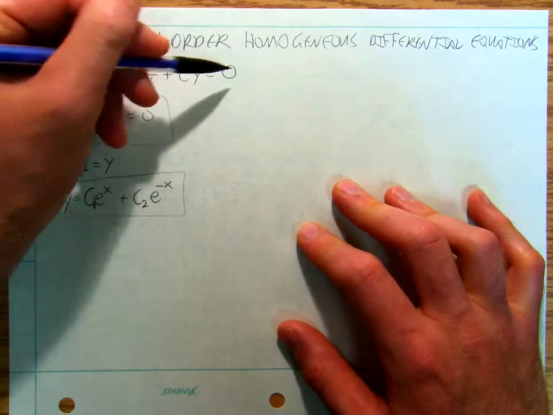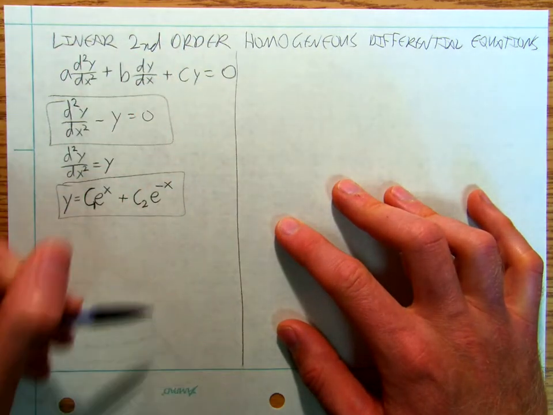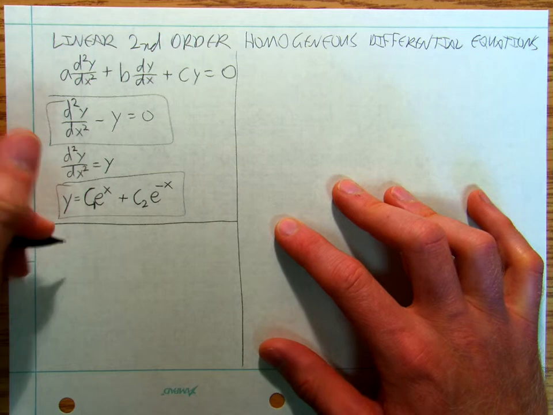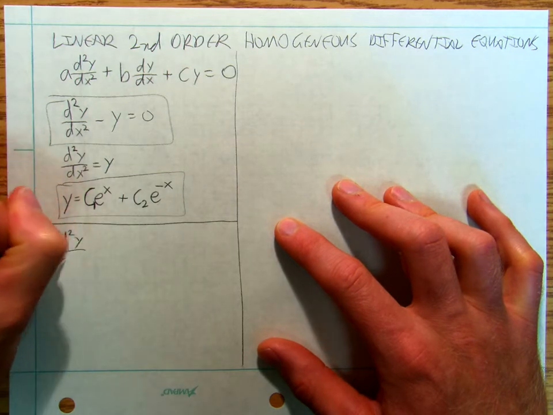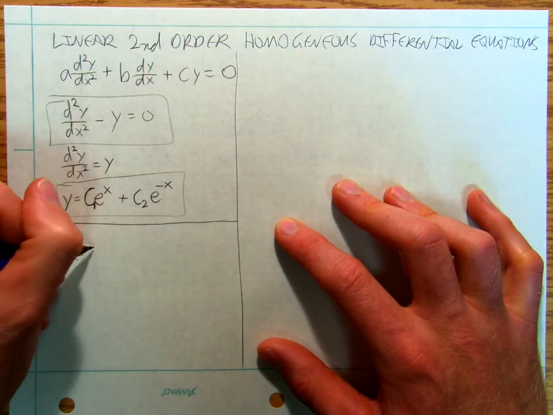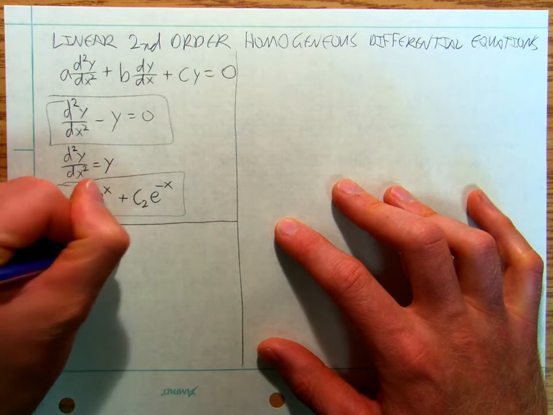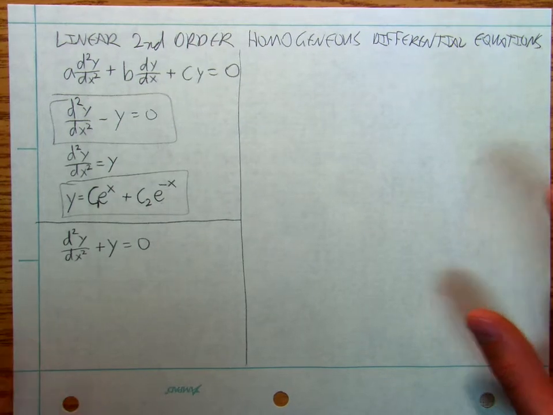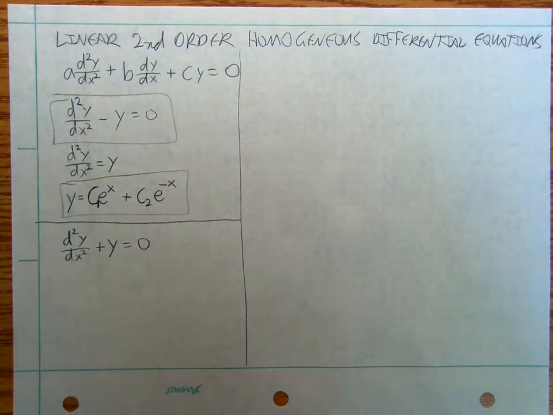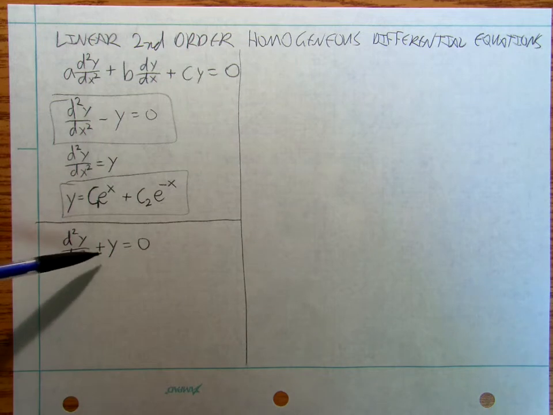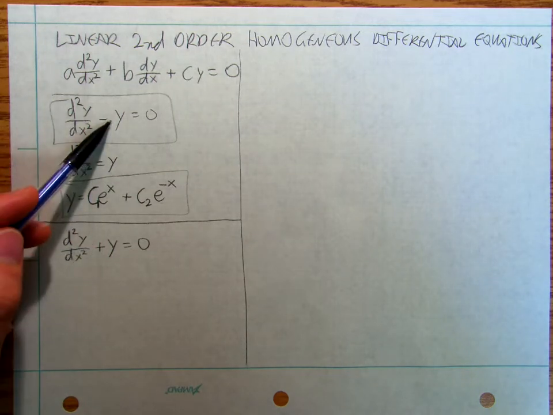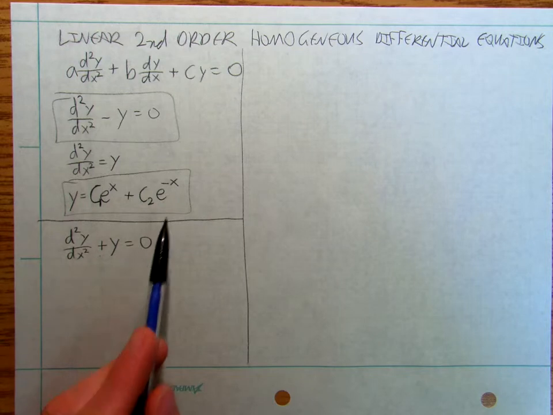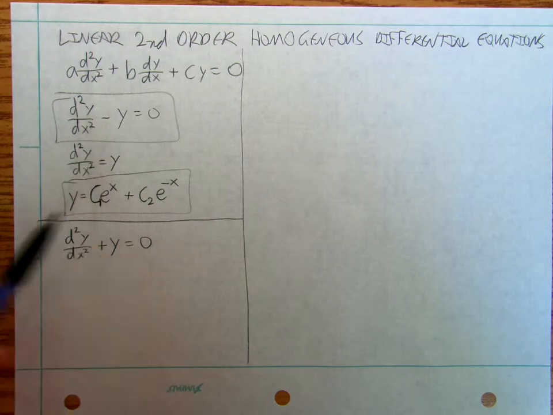Okay? Now, let's look at this one. d squared y dx squared plus y is equal to 0. Now, you go, oh, well, this was e to the x, so then this one's also e to the negative x, but wait a second, e to the negative x solved that one.